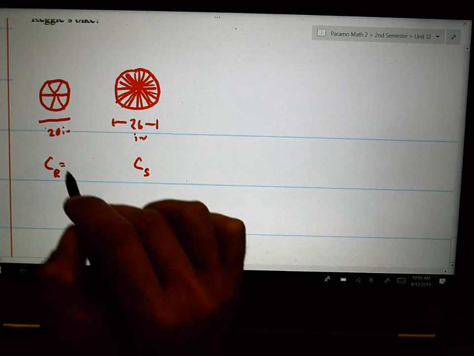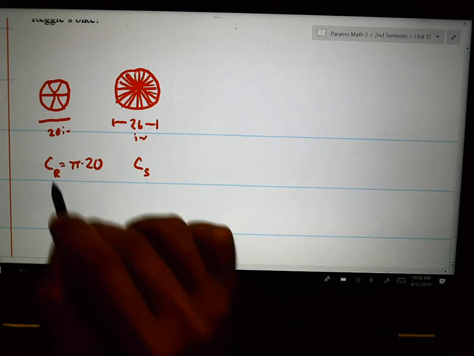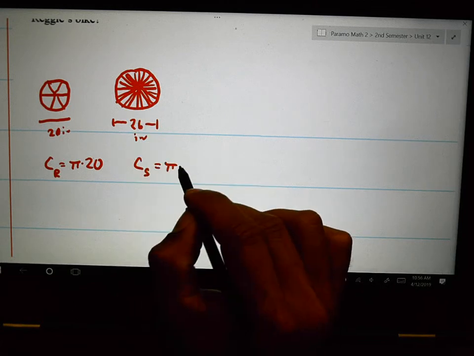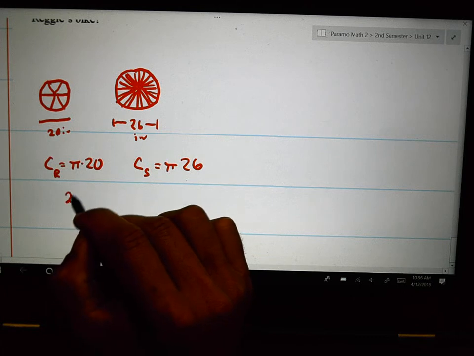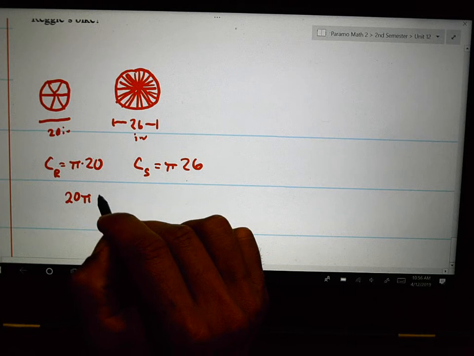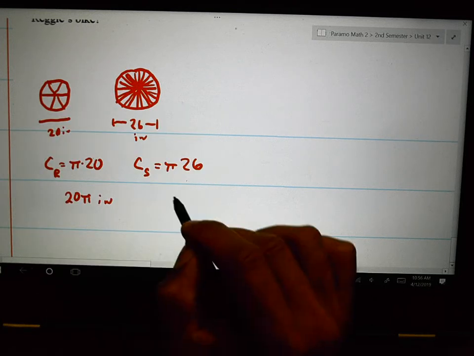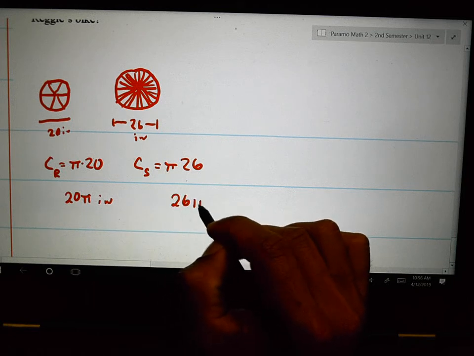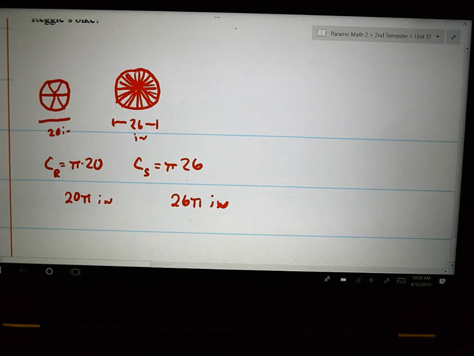I'm going to use pi times d for Reggie's, and I'm going to use pi times this diameter for the sister. That means Reggie's bike travels 20 pi inches every revolution, and the sister's bike travels 26 pi inches every revolution.